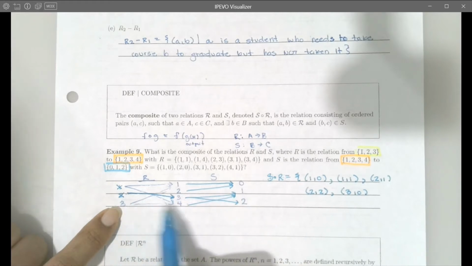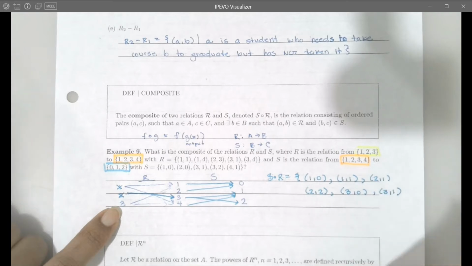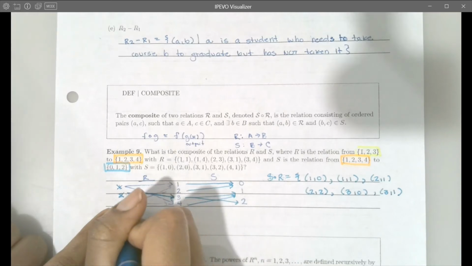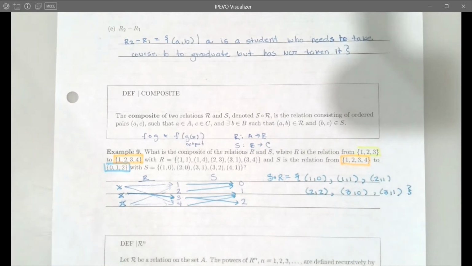So that means that we have an element 3, 1. And then since 3 doesn't have any more outputs and 4 doesn't have any more outputs, that means that we are officially done with the input of 3. And so those would be all possible ordered pairs that will be part of the composite of S with R.